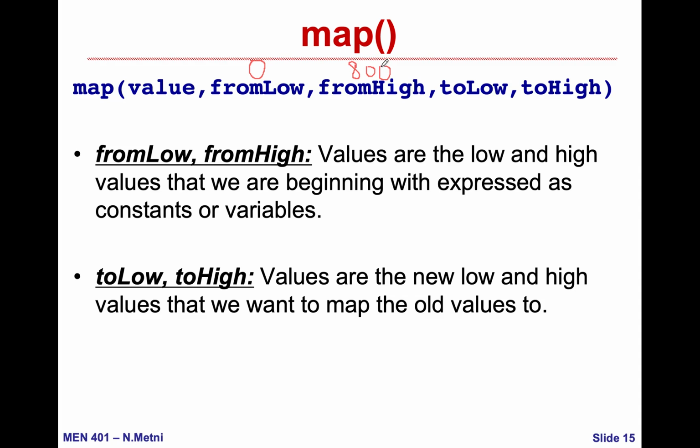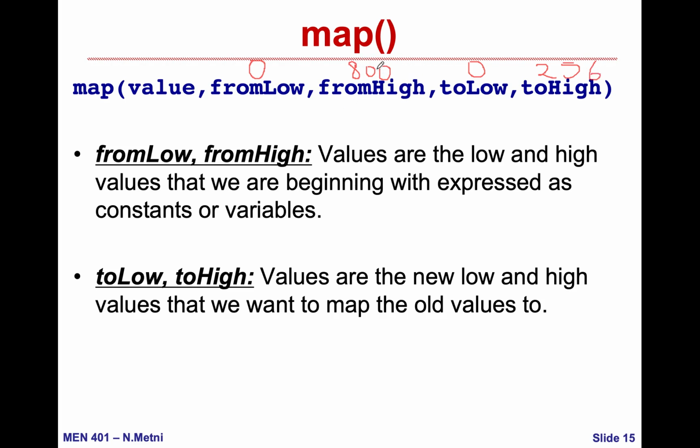But what I can do is use map, saying that from 0 to 800, I will go from 0 to 256. In this way, I will not be dividing only by 4.